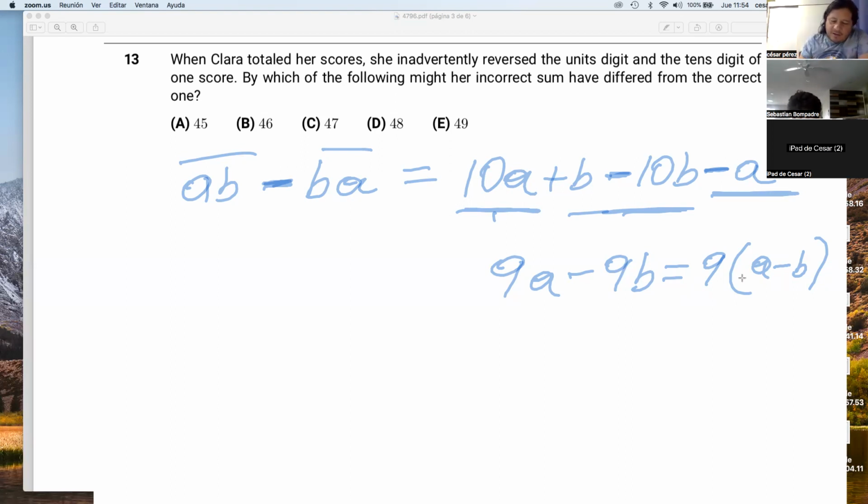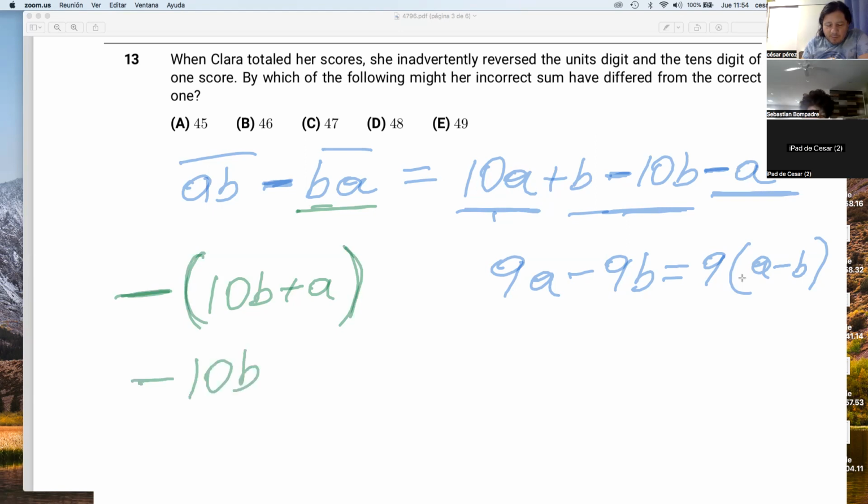It's because we are subtracting 10B plus A. If we want to subtract this, we need to subtract 10B and we need to subtract A. Right. That's why we get 10B minus A. Okay? Do you agree?